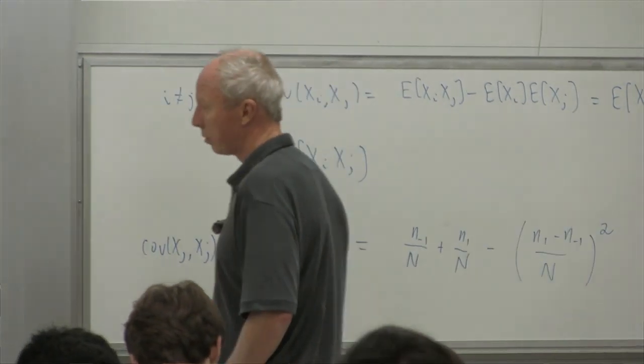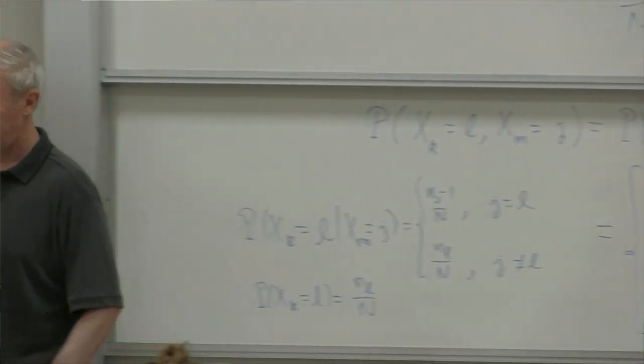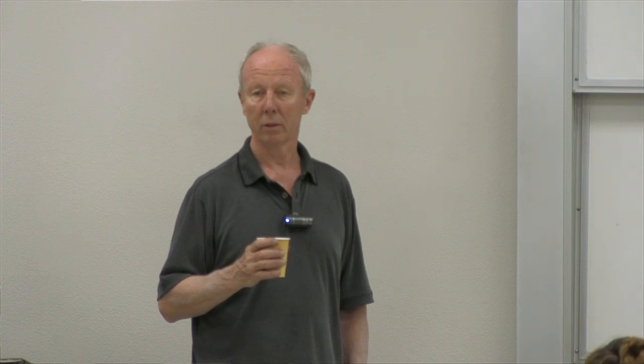Actually, let me ask you, do you think the covariance will be positive or negative? Positive means they're more likely to agree than not, roughly speaking. Negative would mean they would tend to disagree on average.